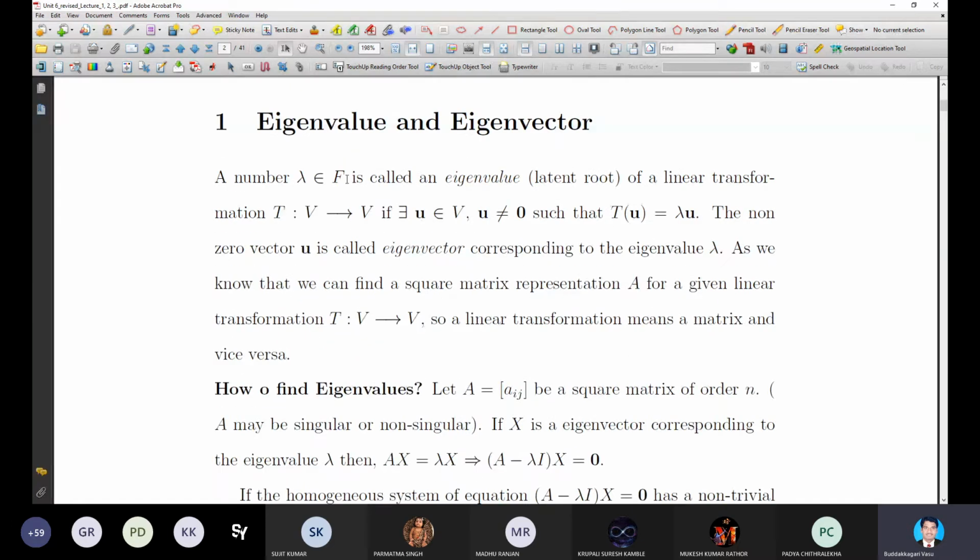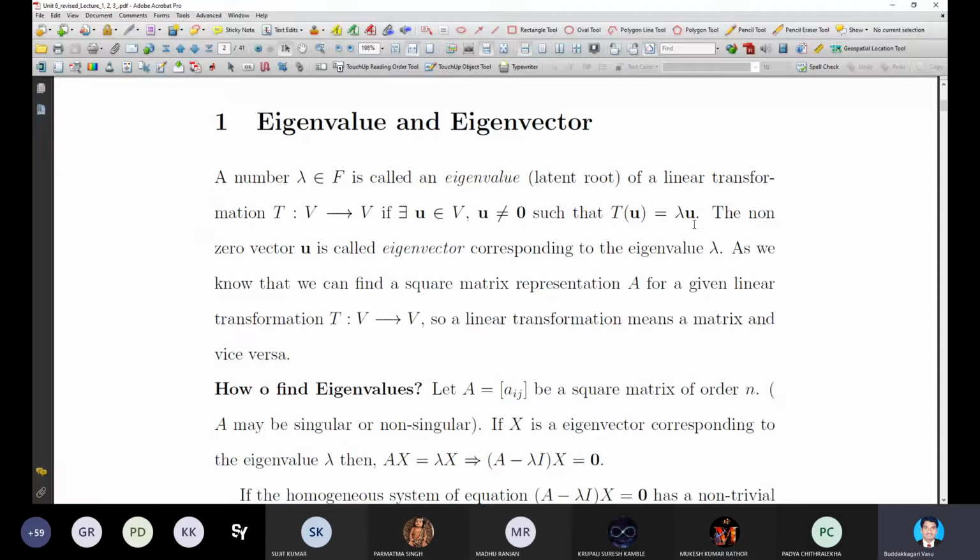Here is the definition of eigenvalue and eigenvector. A scalar lambda belonging to the scalar field F is called an eigenvalue or the latent root of a linear transformation T mapping V into V if there exists a vector u belonging to the vector space V, where u is not equal to 0, that means a non-zero vector, such that T of u is equal to lambda u.